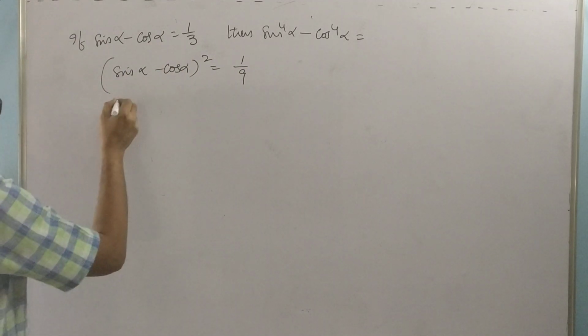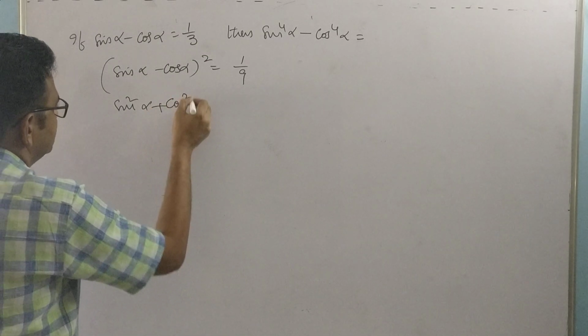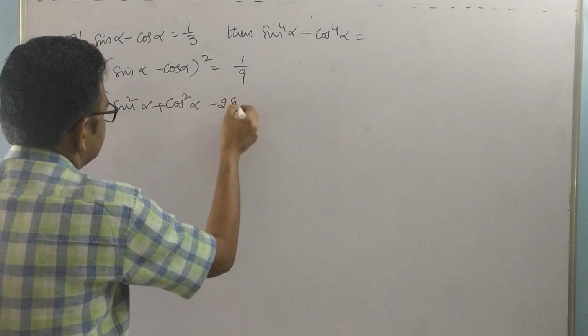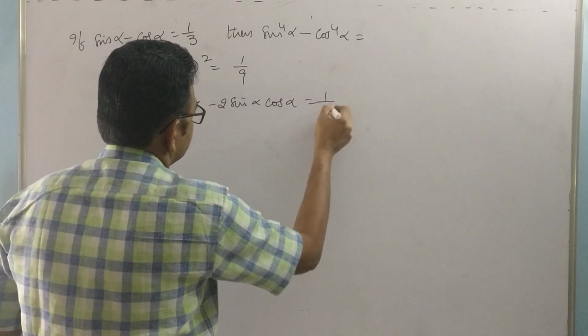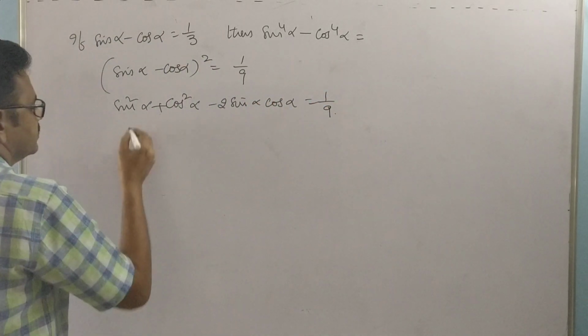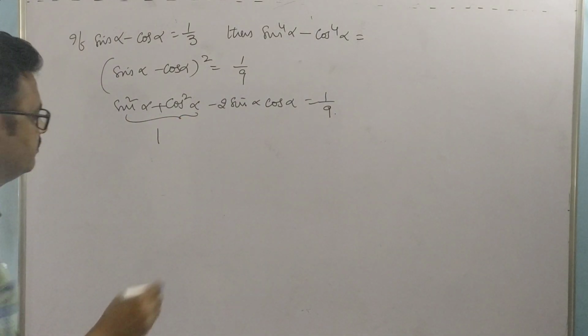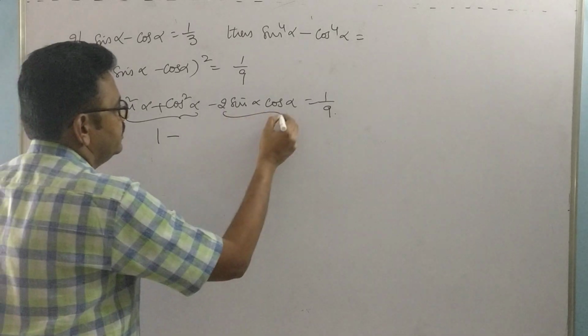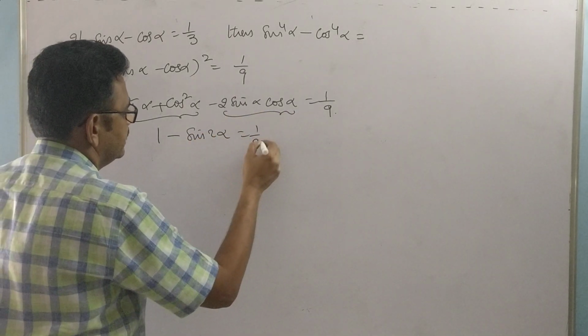So this is sin square alpha plus cos square alpha minus 2 sin alpha cos alpha is equal to 1 by 9. So sin square alpha plus cos square alpha is 1. 1 minus sin 2 alpha is equal to 1 by 9.